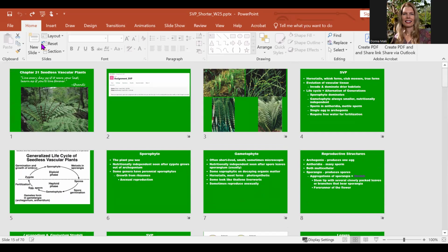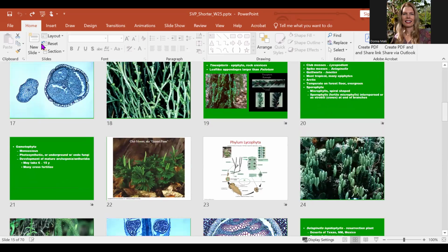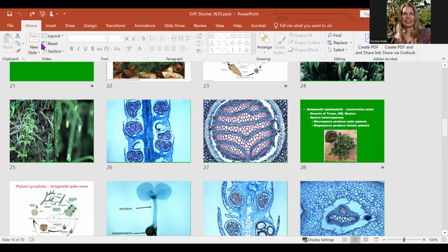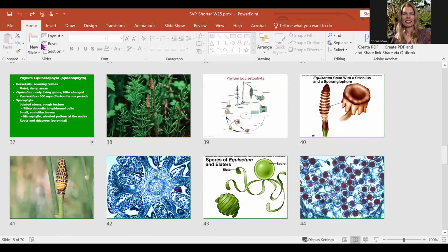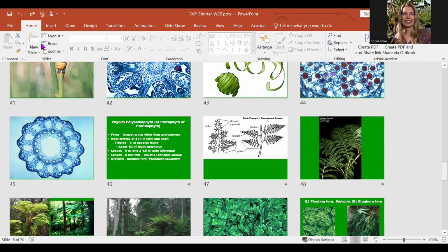So for the ferns, is it strobili or spora? Good question. With the ferns, they don't have strobili. They have sori. They have to be different. So there we look on the underside of their leaves for the sori.